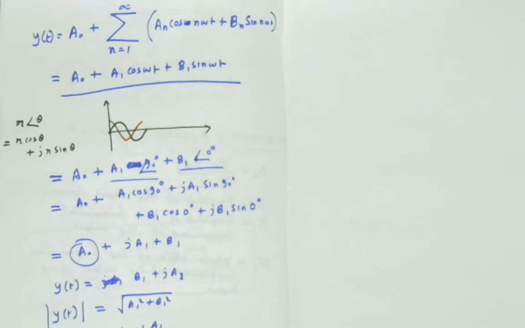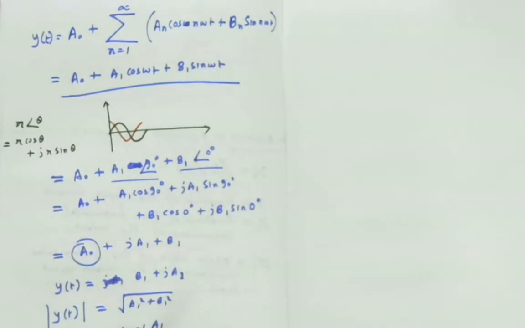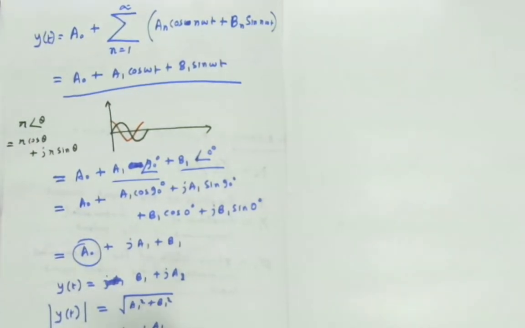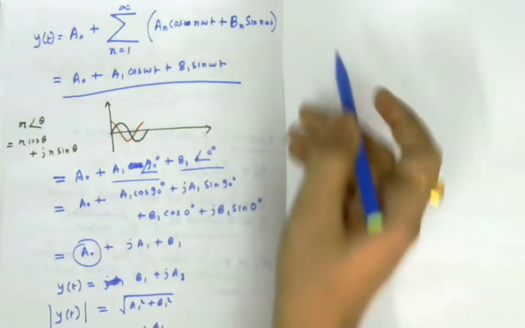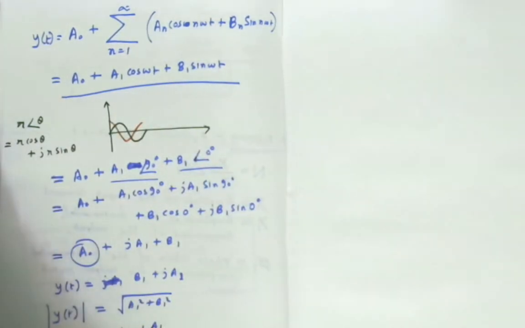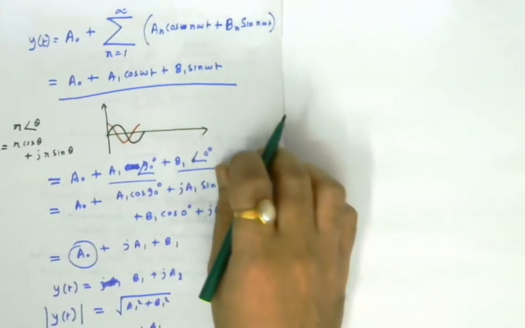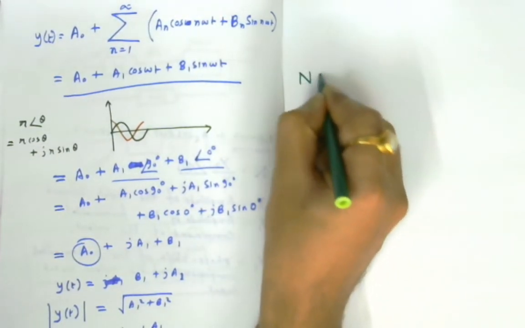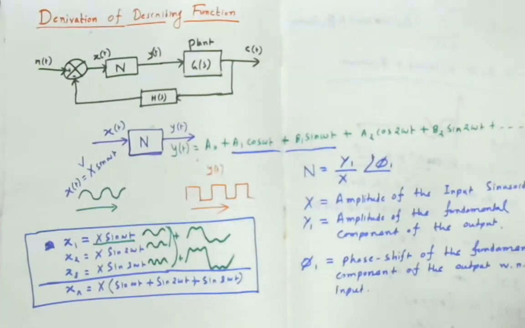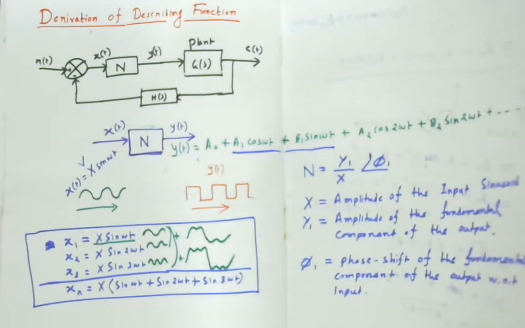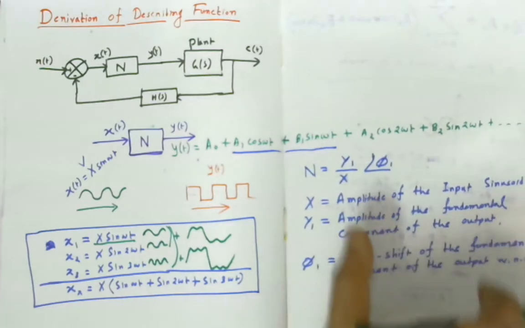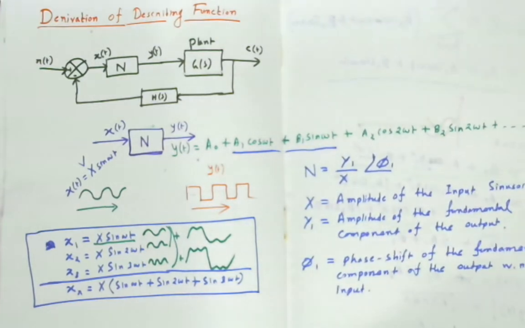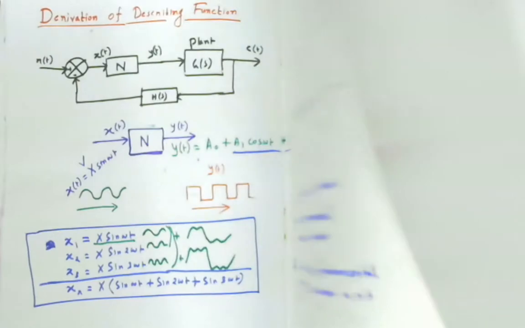So now your definition is ready. N is the describing function, which is the ratio between output and input, that is, the amplitude of the output to the input sinusoid.